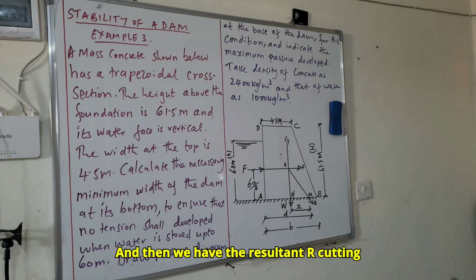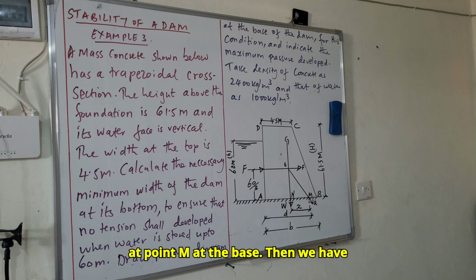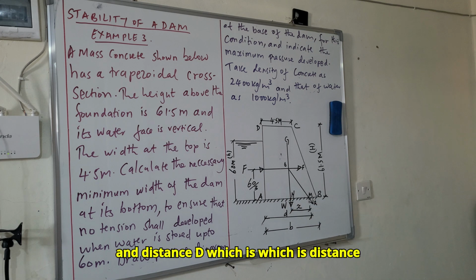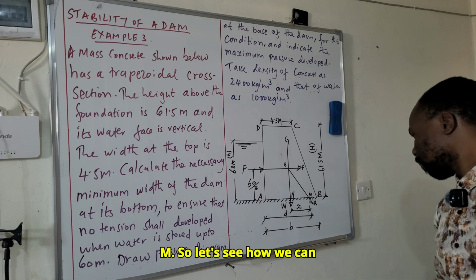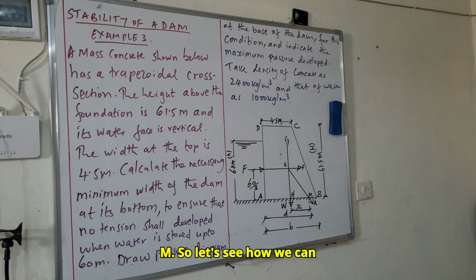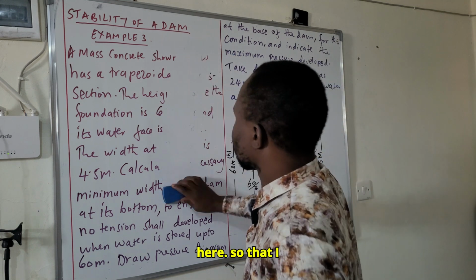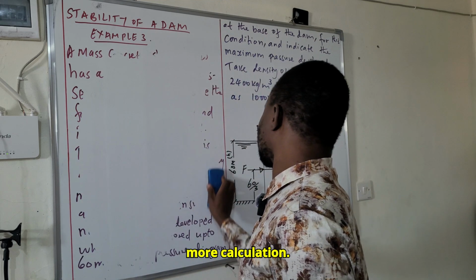Then we have the resultant R cutting at point M at the base, distance X, which is NM, and distance D, which is AM. So let's see how we can solve such a question. Allow me to clean here so that I can create more space for more calculation.